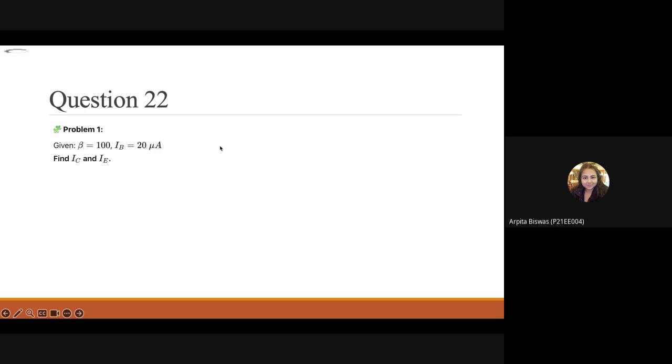So what is the value of it? 100 into 20 microamps. This is microamp. So what is the value, ma'am?